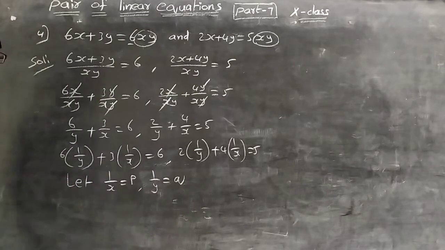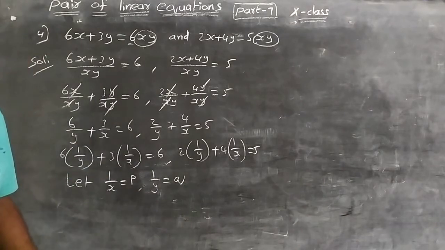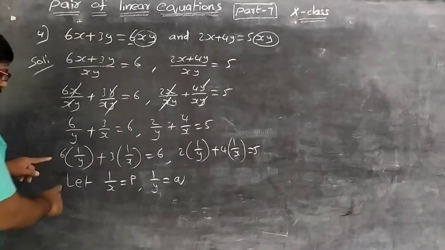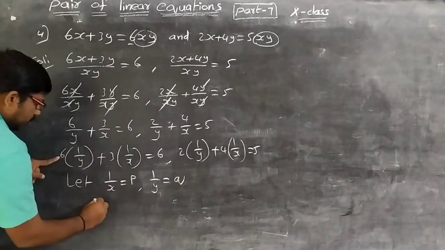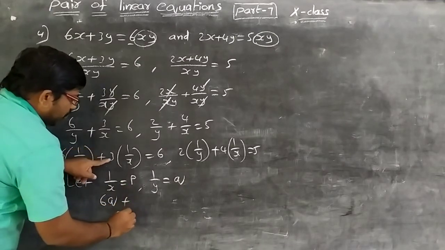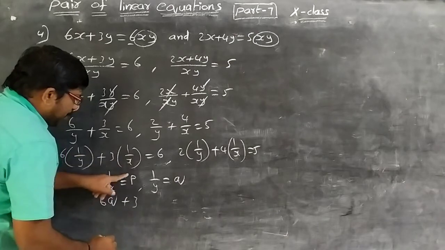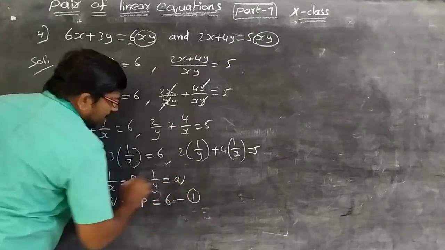So substitute the two values. The equations will become a pair of linear equations. Substitute here: 6, 1 by y is q, so 6q, plus 3, 1 by x is p, so 3p is equal to 6. Call this equation 1.